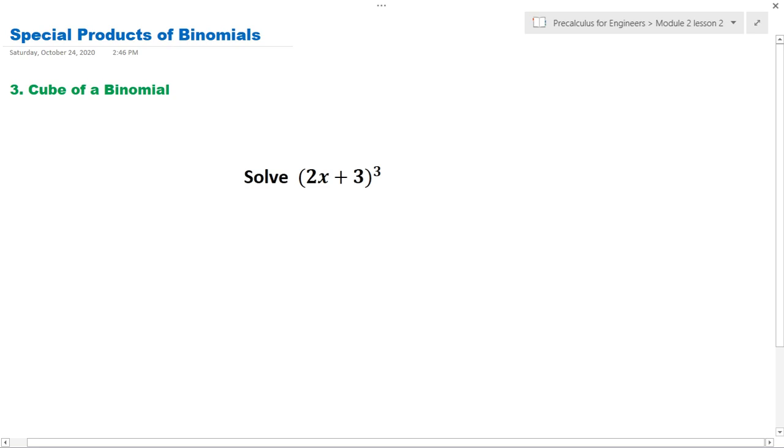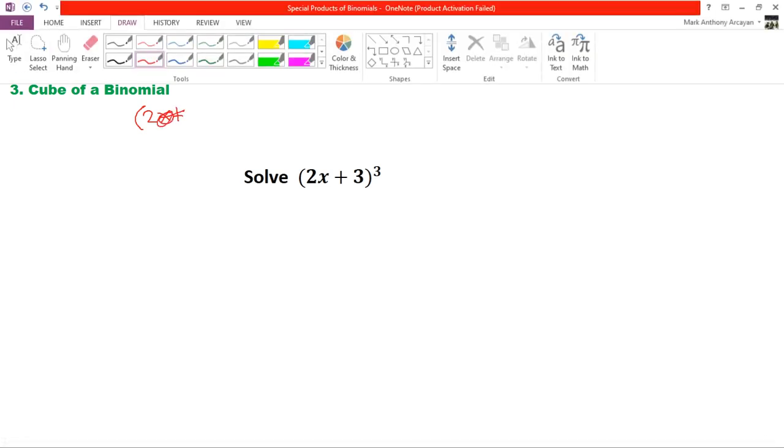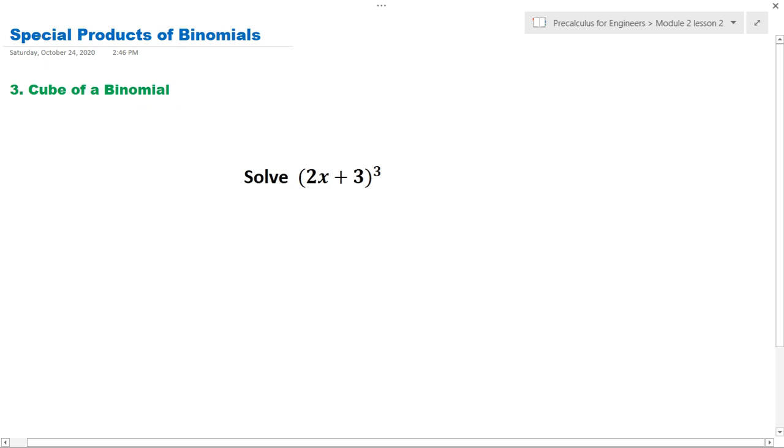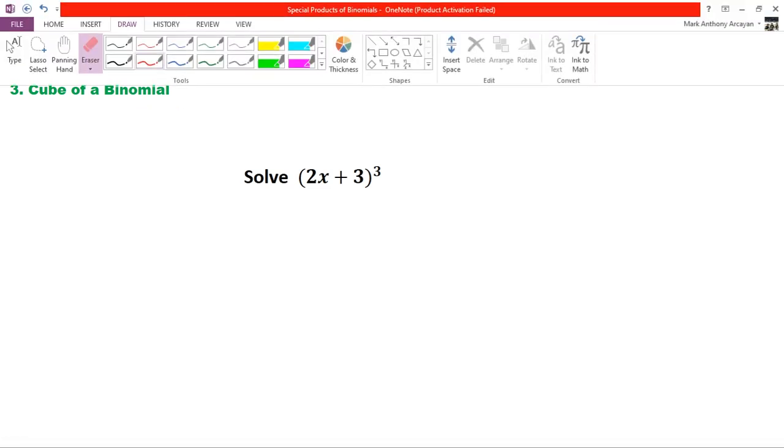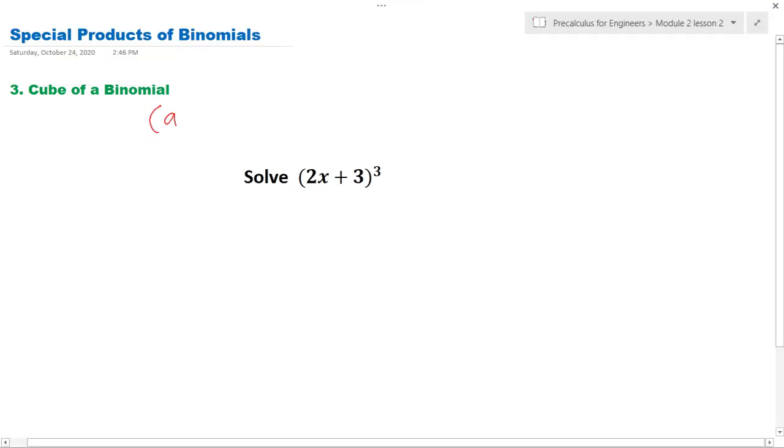So, next, we have cube of a binomial. So, kapag cube of a binomial class, this is just the same as the general law of exponent. Let's say we have (a + b) raised to the power of 3.